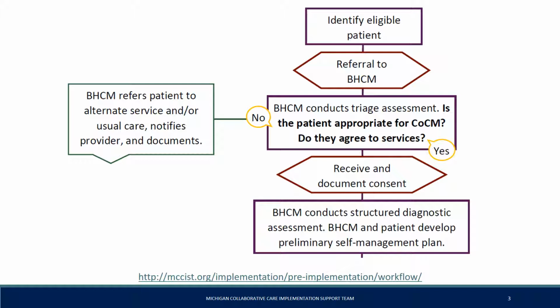So you can see beyond that step that it mentions that the BHCM conducts a triage assessment, and that is indicating whether the patient is appropriate for collaborative care services. So next we will talk about what that triage assessment looks like and how you will conduct that as the care manager.